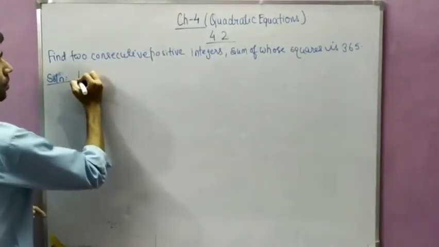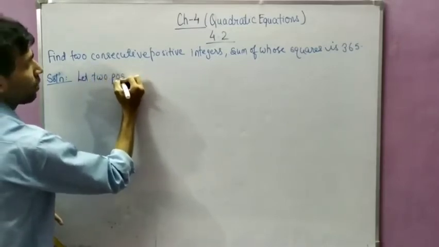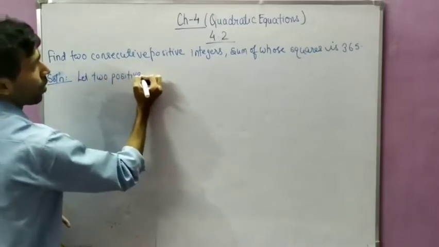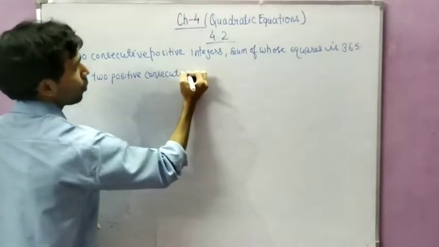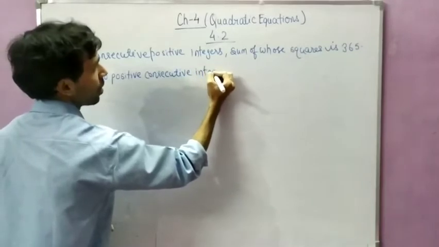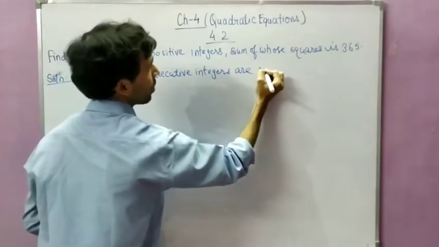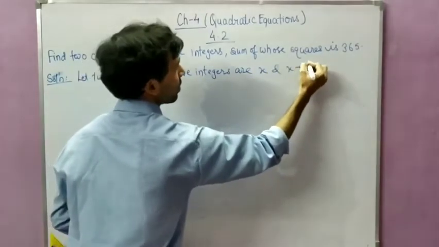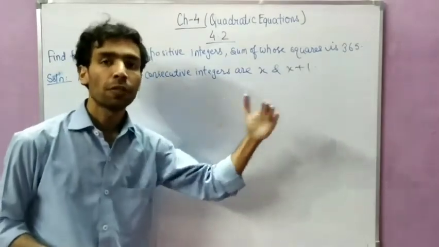Let 2 positive consecutive integers be x and x plus 1. Consecutive means continuous, 3, 4, 5, 6 like this.